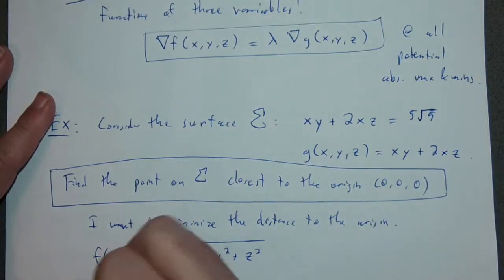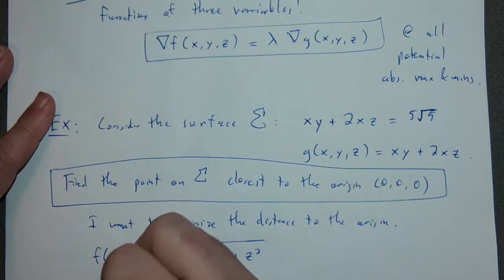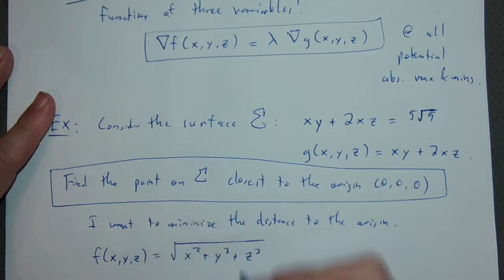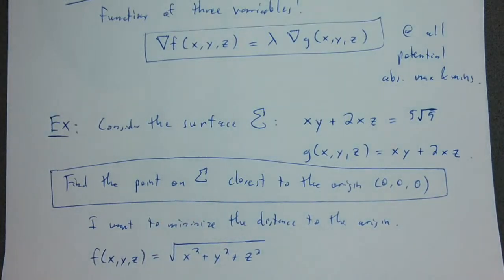I'm going to say this is the function in question that I want to minimize. Minimizing this distance minimizes the distance to the origin. That's exactly what this is computing.